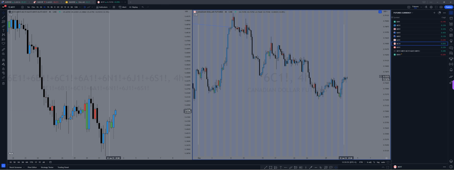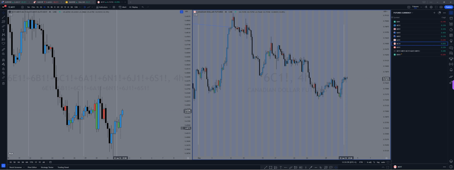I don't go anywhere lower than the H4. Okay, so if I'm intraday trading or day trading, I use the H4. Okay, and trust me, you just have to do a bit of studies. You will be shocked what you find just by comparing the futures market like this, using the index and then the individual currencies.